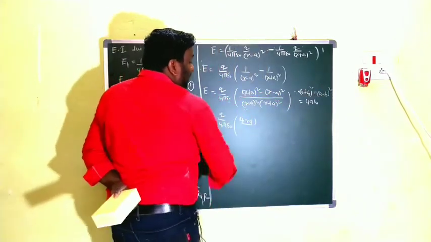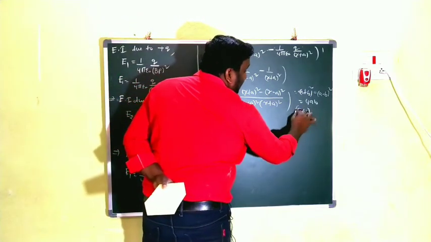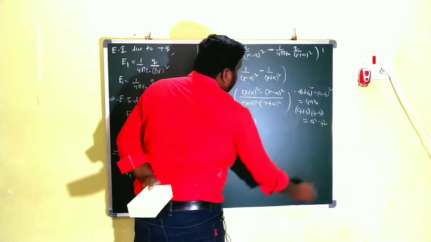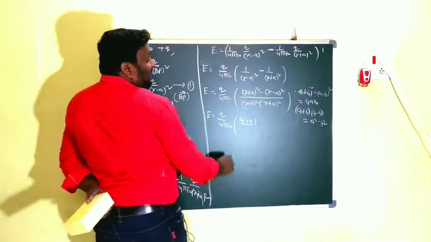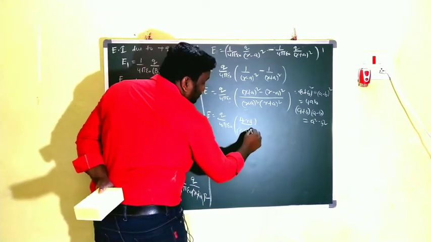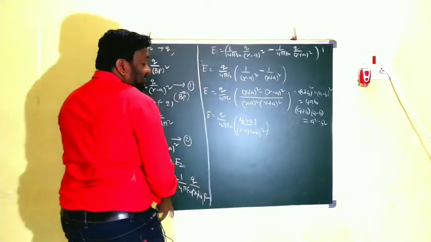Now the denominator is in the form of (a plus b) into (a minus b), the formula is a square minus b square. So here, (r minus a) into (r plus a) whole square. Clear children?